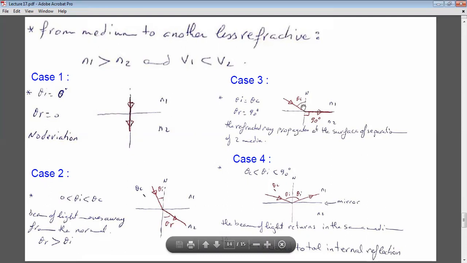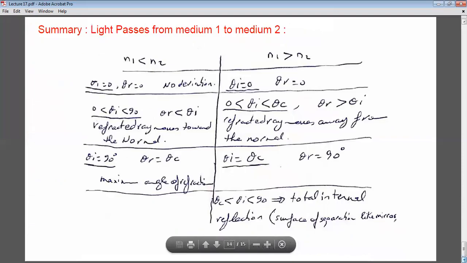If I hit it with theta critical, it will be refracted at an angle of 90. And if the incident angle is higher than theta critical, between theta critical and 90, total internal reflection will happen. So these are very special cases. All of them you can calculate using Snell's law.